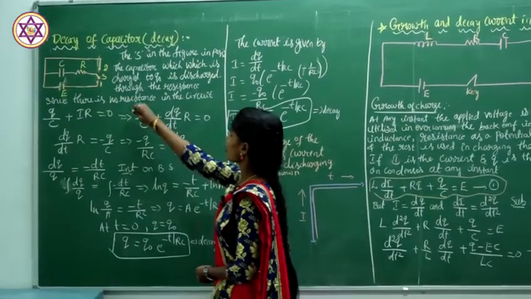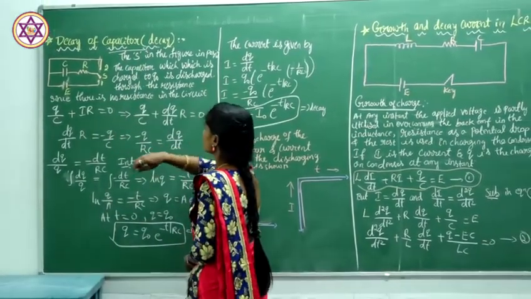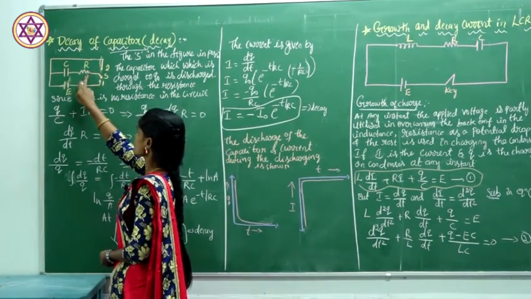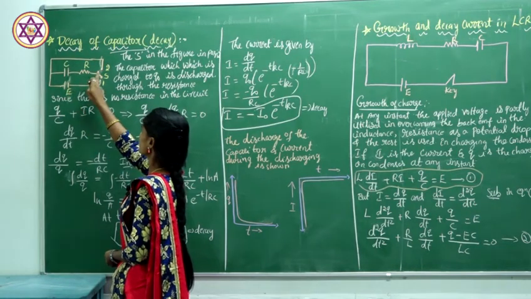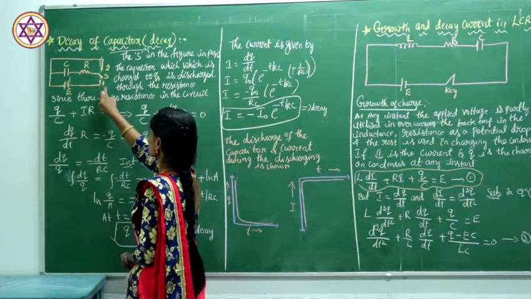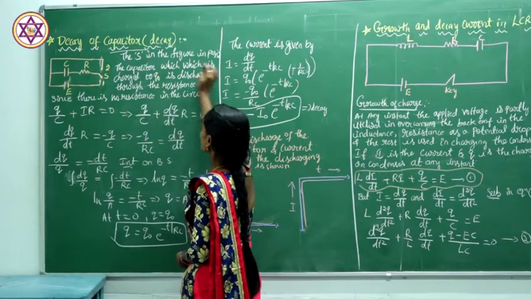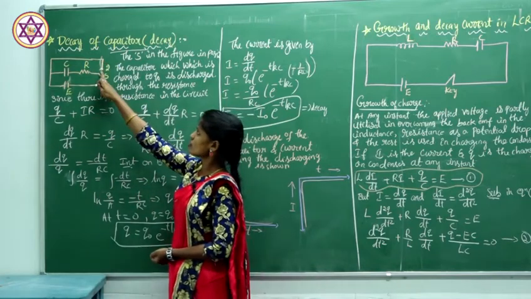Next is decay of capacitor. Here the capacitor and resistor are connected in series with the battery EMF and through the switch S, with positions 1 and 2. Here the switch is in position 2.